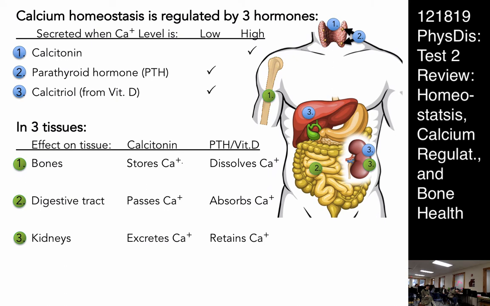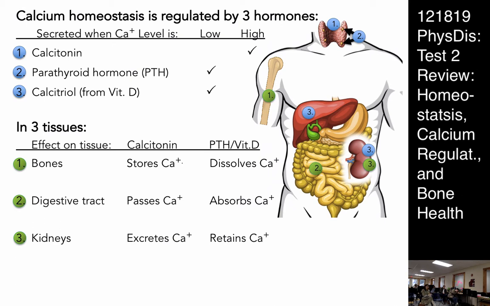And the other 2, parathyroid hormone and calcitriol, also known as vitamin D. When I say vitamin D, I mean calcitriol. When I say calcitriol, I mean vitamin D. These are for when the blood doesn't have enough, when it's too low, and you need to raise the calcium.